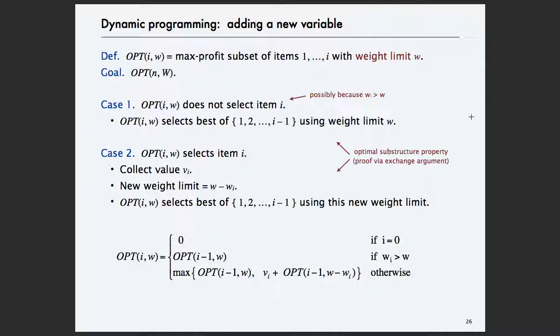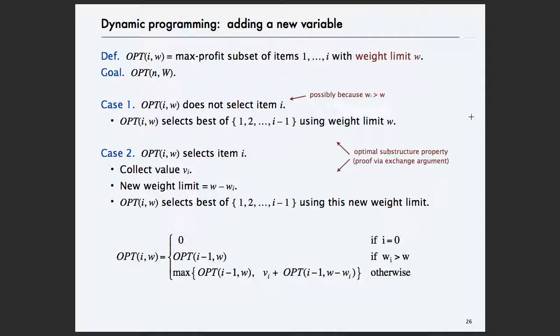If I select the item, what's the value that I'm going to get? The value of the item plus the value of items i up to i minus 1 at the remaining weight, taking out all the weight that I took.